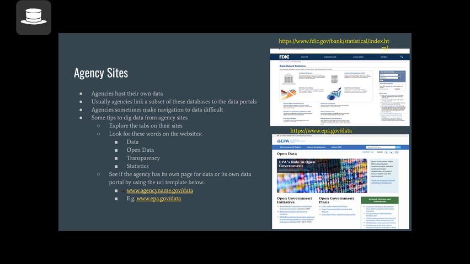For example, if you want to know what data there is on the EPA website, you can type www, then in the agency name place you can type EPA, then the usual .gov/data. This will take you to the exact place where the data is held on that specific agency site that you're interested in, if they have a data page specific to data.